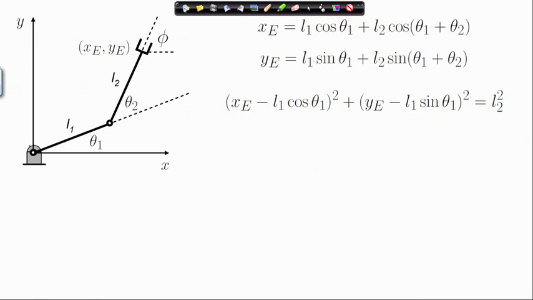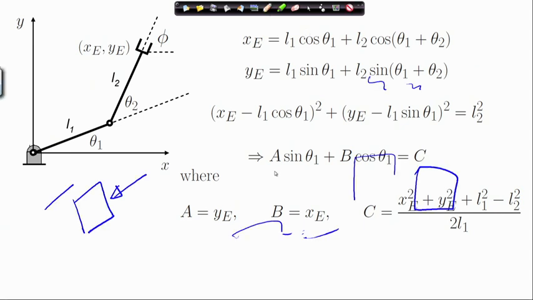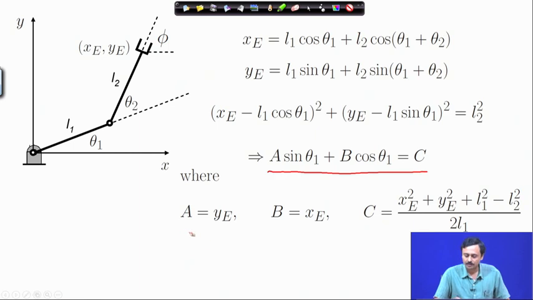So, let me formally write this out. Here we have this equation where A, B and C are completely known because we know x e and y e.